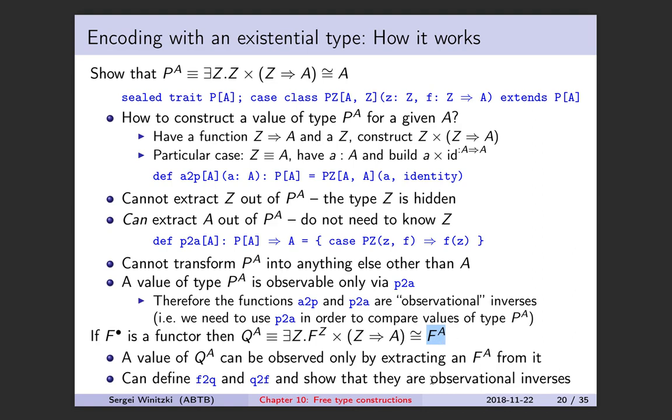So this is what I mean by observational equality. And so you can show that these two functions are inverse of each other when the equality is understood as observational equality. So whenever you compare values of this type, instead you extract FA by using this function and compare the resulting values.